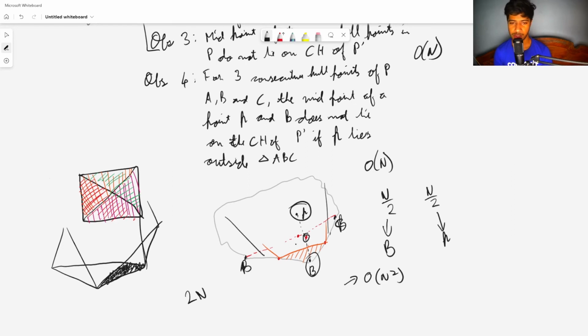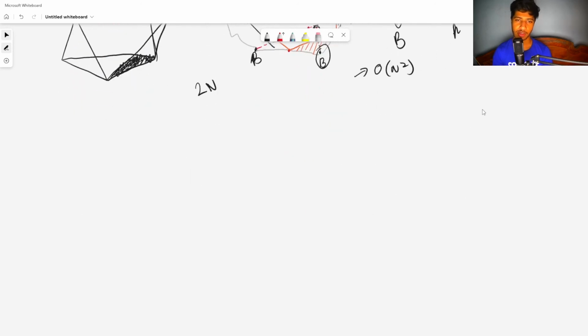So for this triangle, assume this was my, okay, let me just draw it again. So A, B, C. Let's cut it at the vertical point.